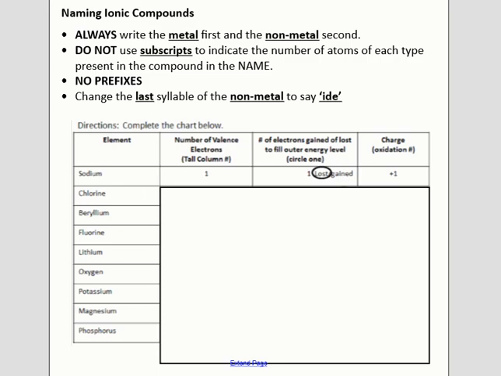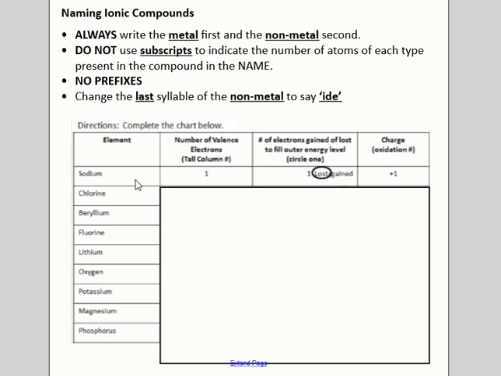Before we can figure out how atoms are going to give and take their electrons, especially if they don't have the same amount of electrons, I want to take a minute and do a quick practice on whether atoms like to gain or lose electrons, just like we did in the past lesson.